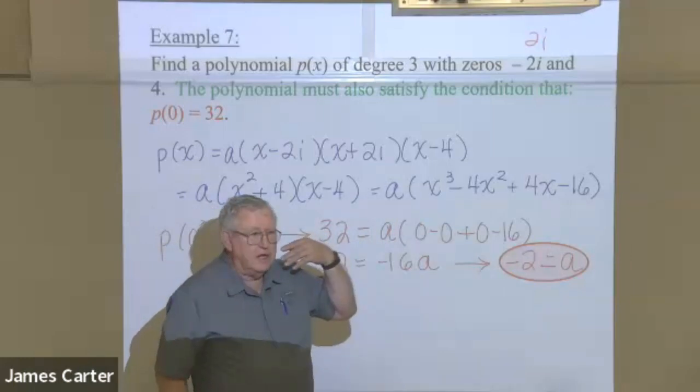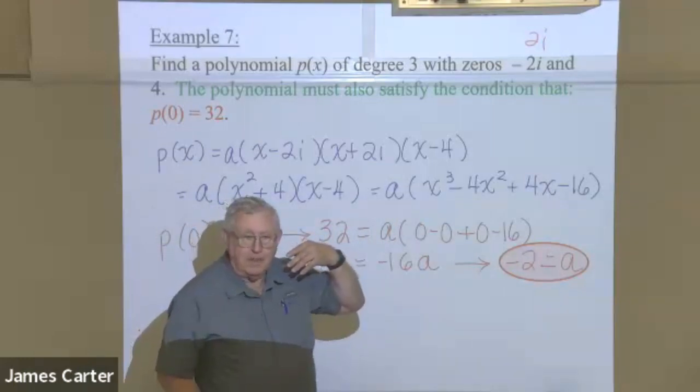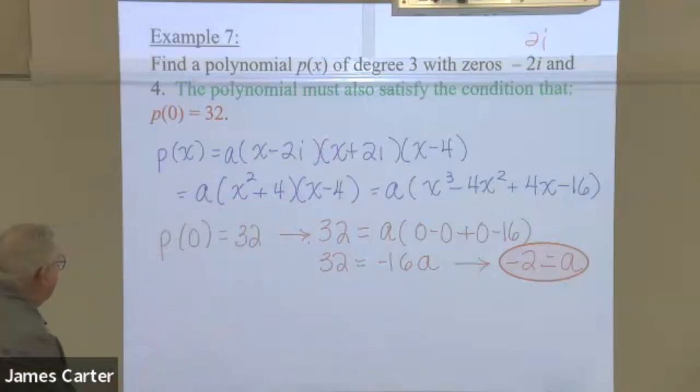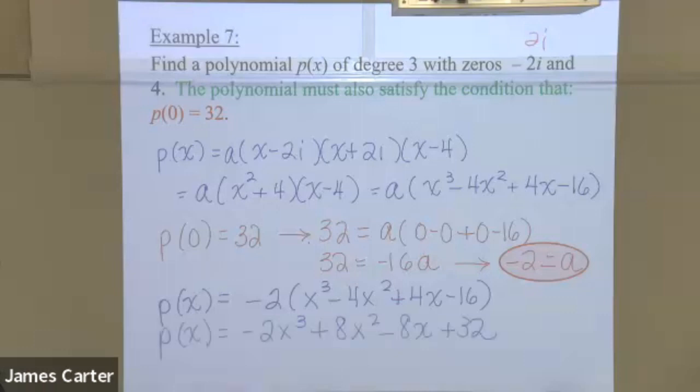How much work did it take us? Not a lot, when you think about it the right way. So, we take that negative 2 and put it in front of here. And then we actually have to distribute that negative 2 for the final answer.